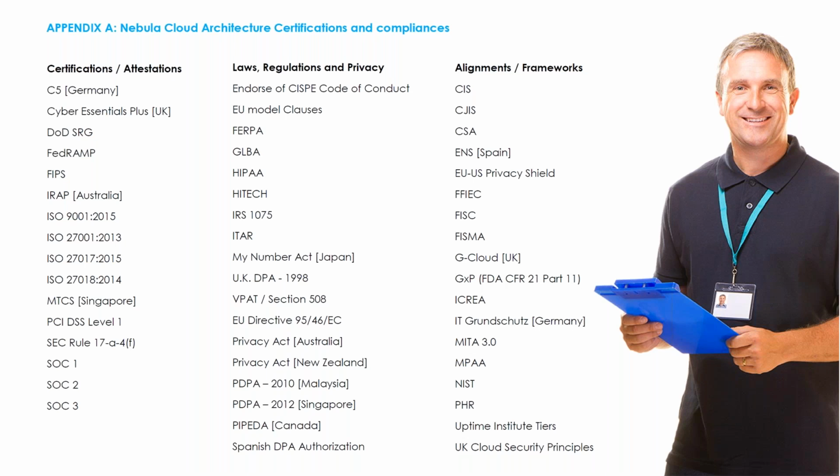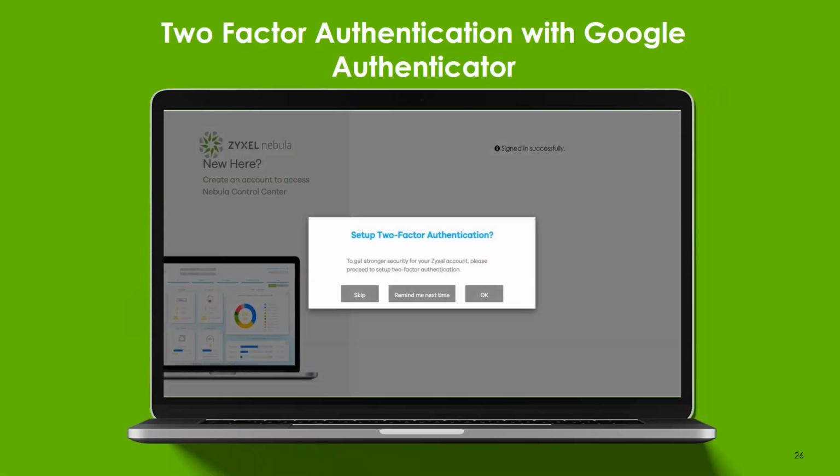So that's why, if we are entering the Nebula system, you can set up a two-factor authentication with the Google Authenticator. That means everyone who has a MyZyxel account can set up this two-factor authentication.